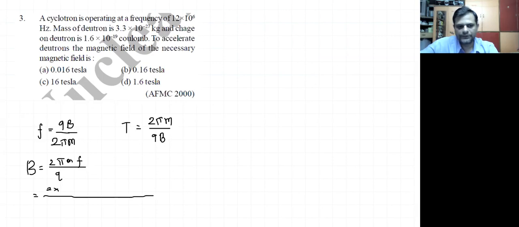तो अभी देखो 2 into pi means 3.14 into m, that is mass of deuteron, which is given to be 3.3 into 10 raised to minus 27.